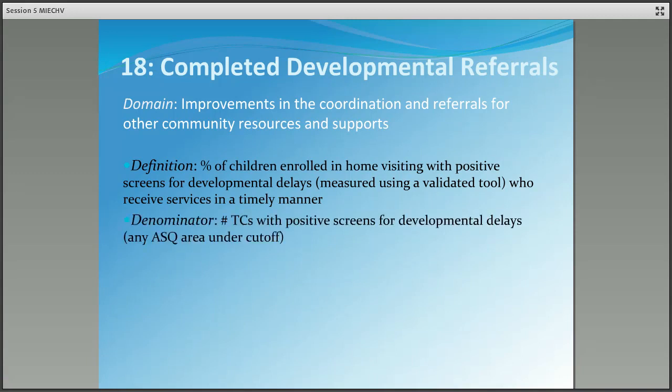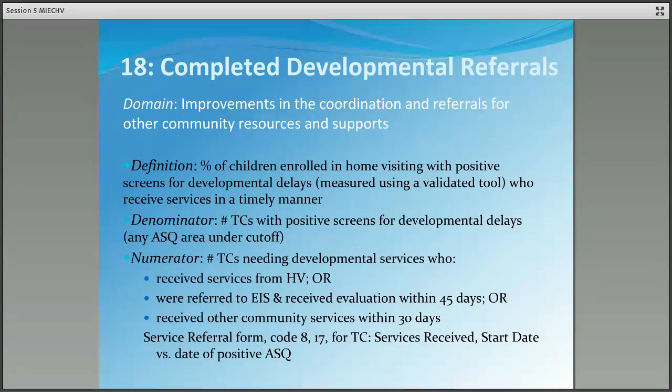The denominator is the number of target children with positive screens for developmental delays, any ASQ area under cutoff, and the numerator is going to be the number of target children needing developmental services who received services from home visiting or were referred to an EIS and received evaluation within 45 days or received another community service within 30 days.